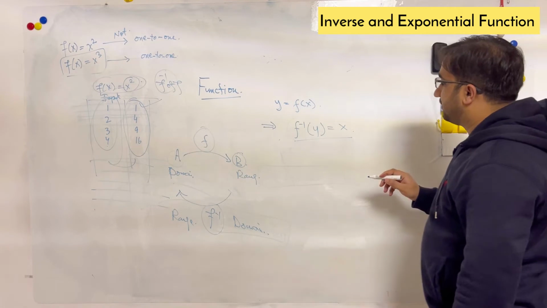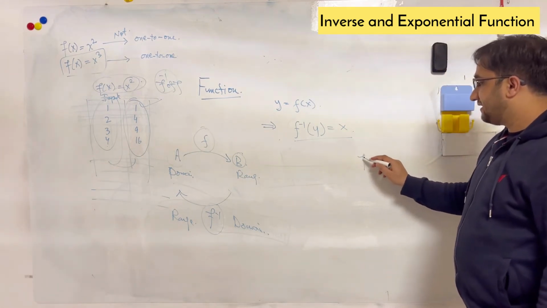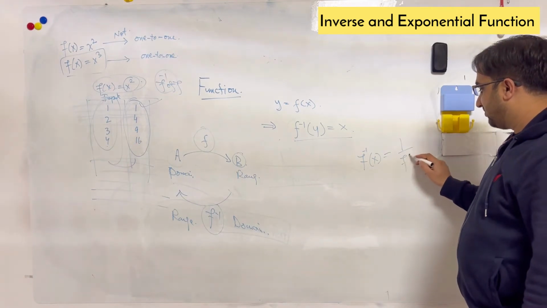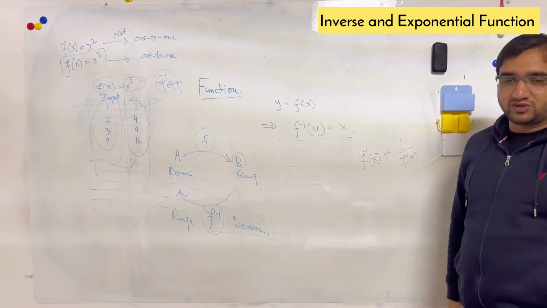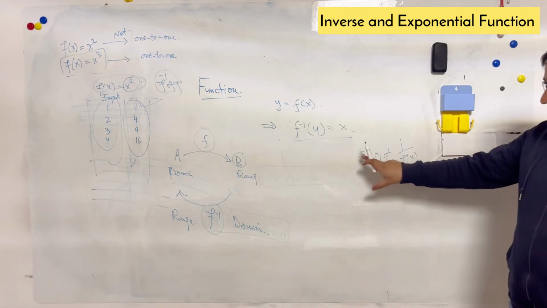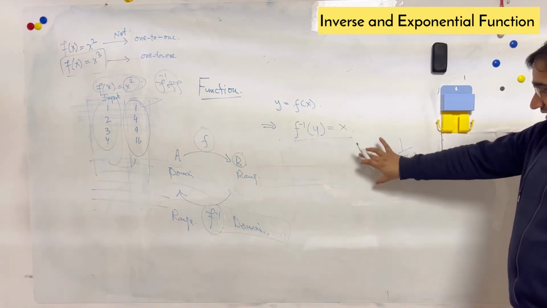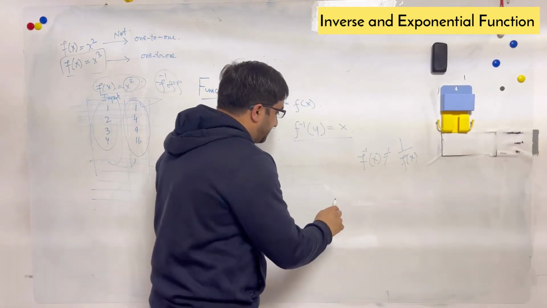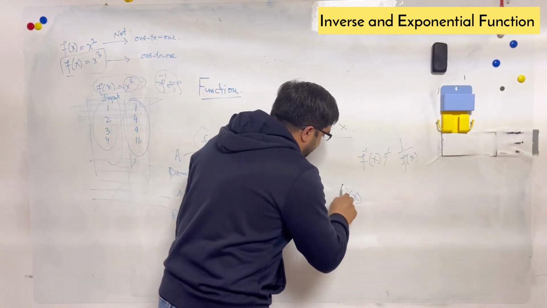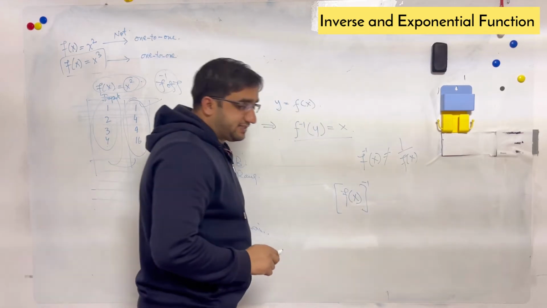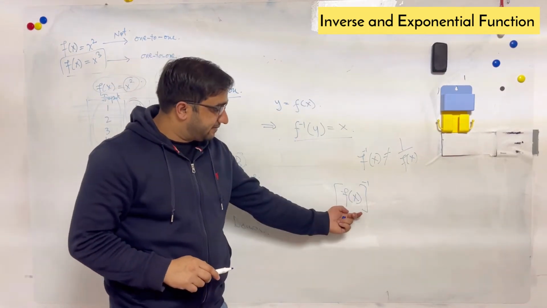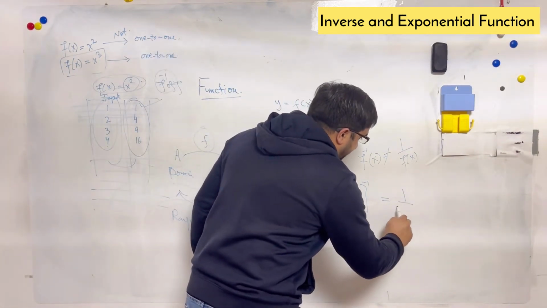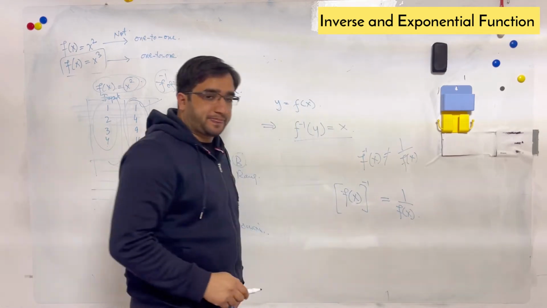And one thing you should keep in mind: f inverse of x is not equal to 1 over f of x. Don't confuse yourself. This f inverse does not mean a negative power. If you have something written inside brackets whose power is -1, you can write it as 1 divided by f of x.